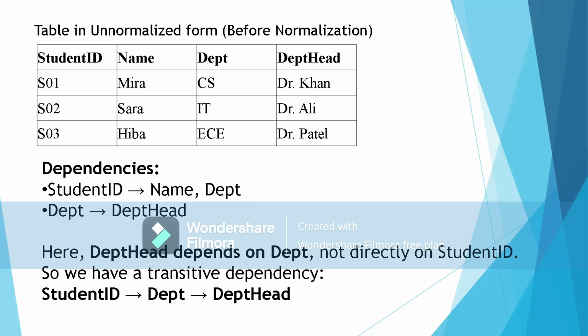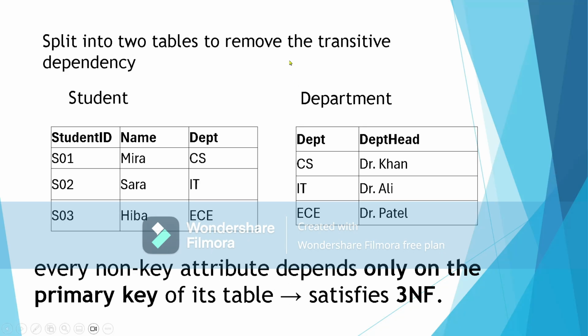To reduce this transitive dependency, two tables are created. The first table is student and the other is department. The student table keeps all the details of the student, and the department table keeps details for all the department names and their department heads.